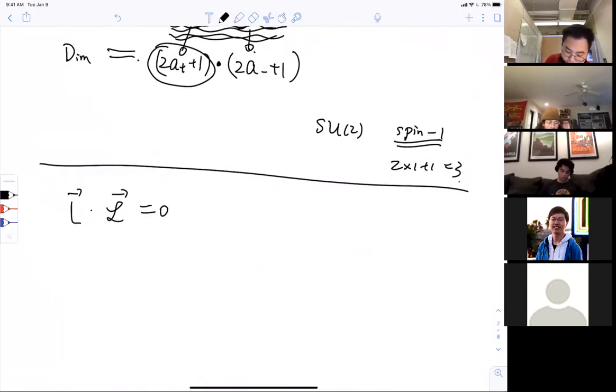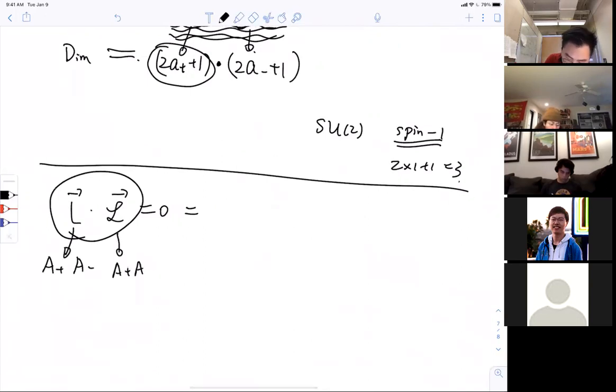But anyway, this is 0, meaning that we know this relates to A plus and A minus. Let's write this equation in terms of A plus and A minus. We get A plus square minus A minus square, meaning that A plus square equals A minus square.